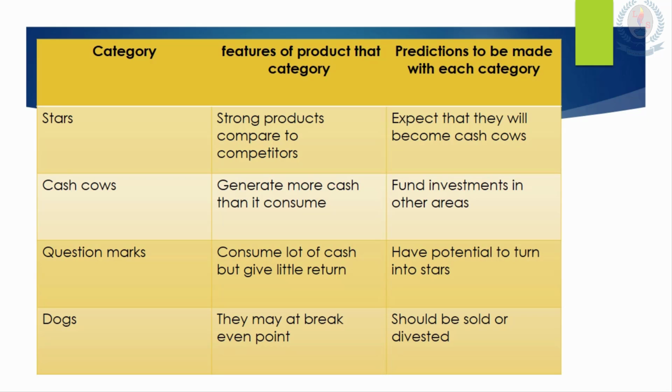That is why producers expect that the product lines categorized as star products, in the near future, can turn into cash cows. It is more useful because they generate more cash than the amount we invest. In the star category, the relative market share is high and the market growth rate is also high.